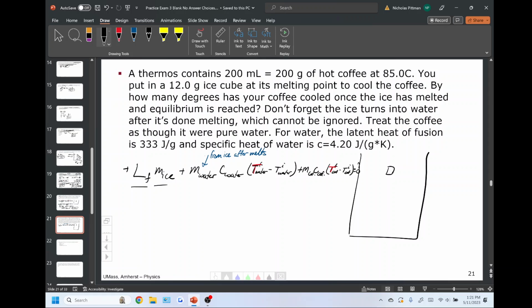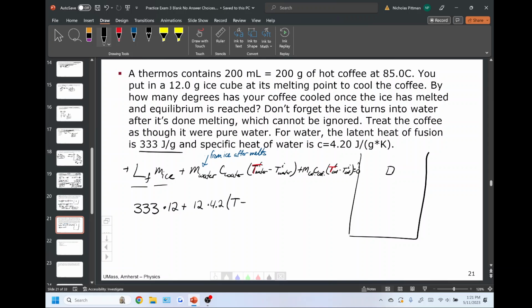All right, latent heat of fusion for ice is 333 joules per gram, and the mass of ice is 12 grams. Mass of water after the ice melts, we assume it's also 12 grams. C of water is 4.2 joules per gram per Kelvin. T is our variable.